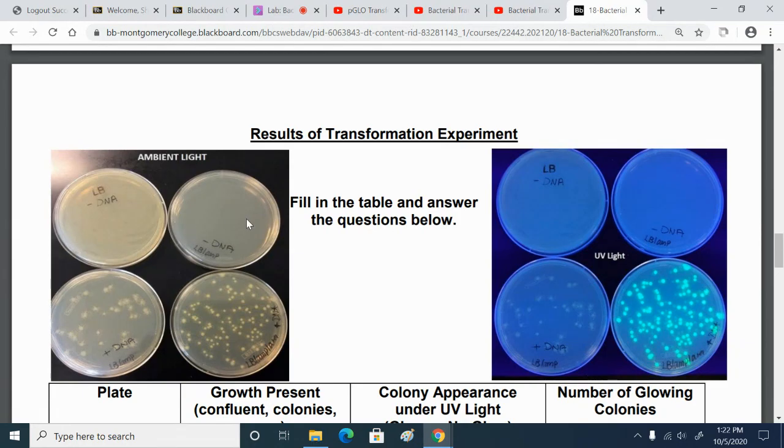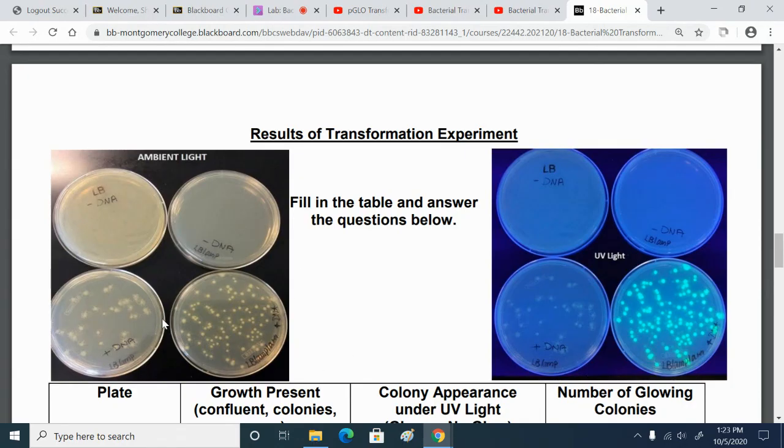Otherwise, our experimental plates don't mean anything, right? Because we know the transformation occurred because we're giving the bacteria antibiotic resistance. If they already have antibiotic resistance, then we do not know if transformation has occurred. So does that make sense? Yes.